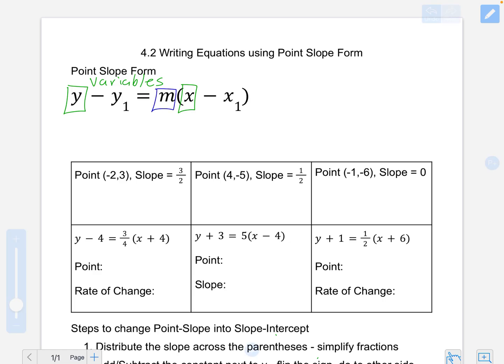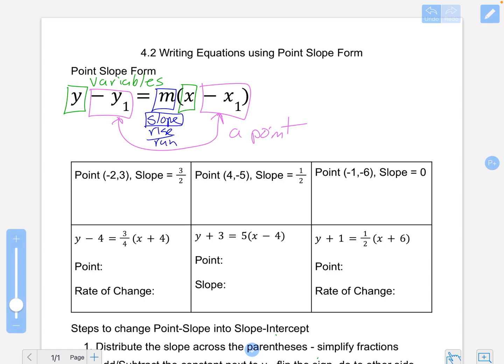The next thing I want to highlight is m, our slope, which is rise over run, just like it is for our slope-intercept form. And then finally, our y1 and our x1. These right here are a point on the line.